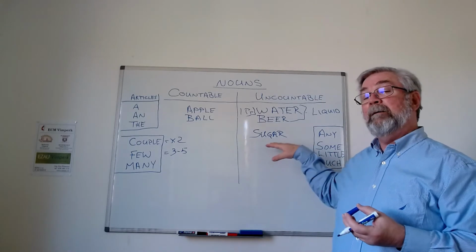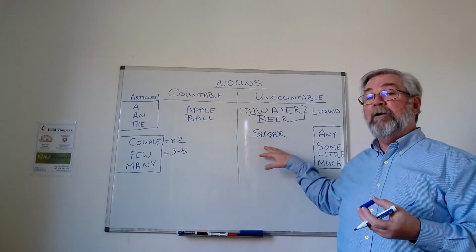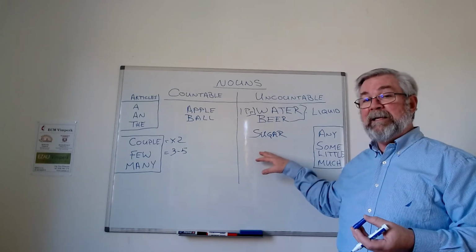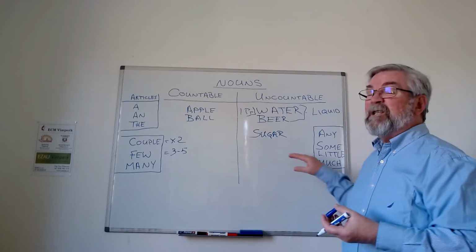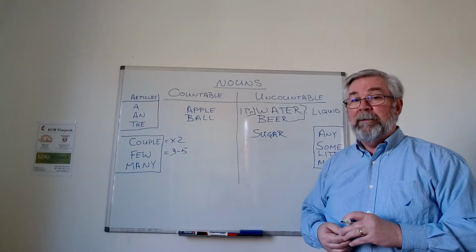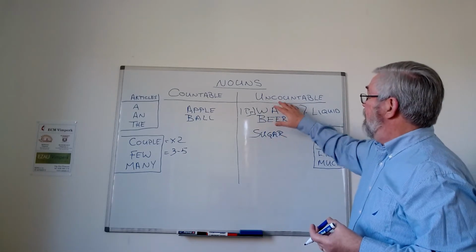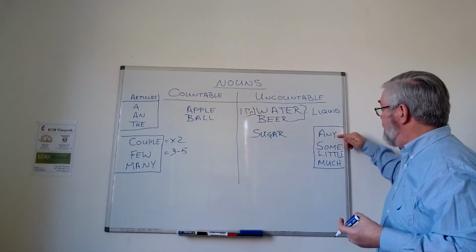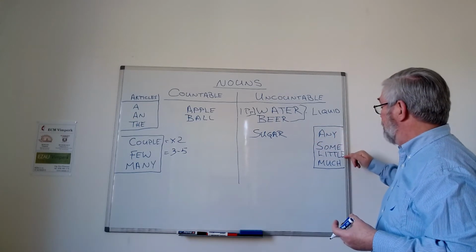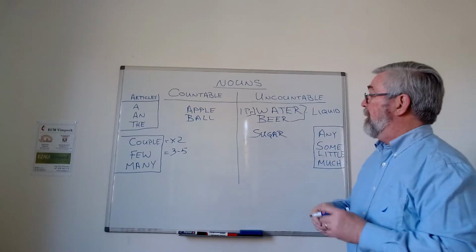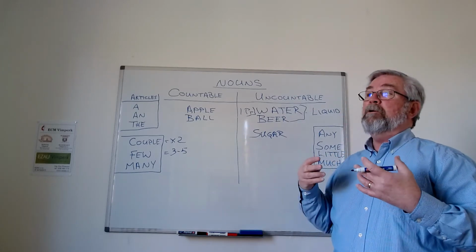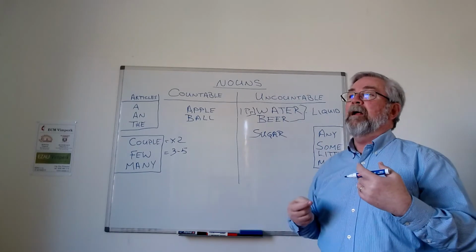I would like a little sugar in my coffee or in my tea. Or that's too much sugar. So in the uncountable, you use any, some, little, and much.